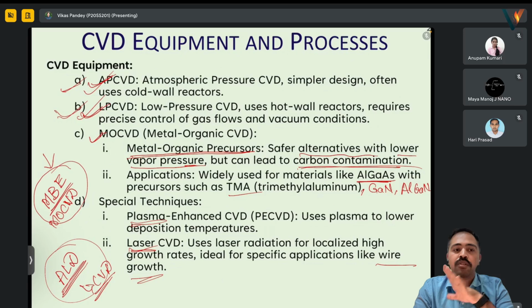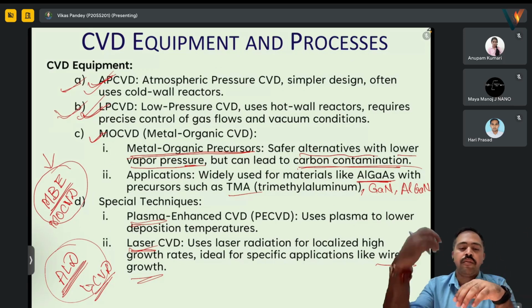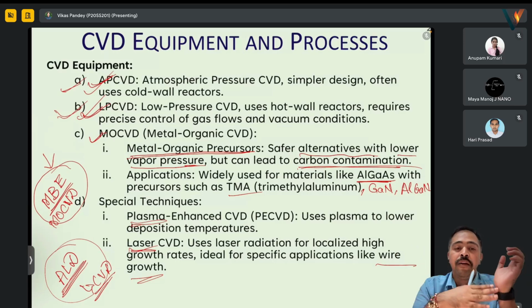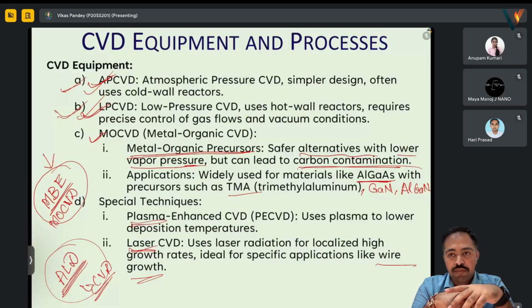And this is not possible in the case of PVD. When we discuss physical vapor deposition, we already have some material and we are depositing it over a wafer simply by changing the phase, like evaporating it or hitting it with some molecule and then depositing it. In that case, it is not possible.